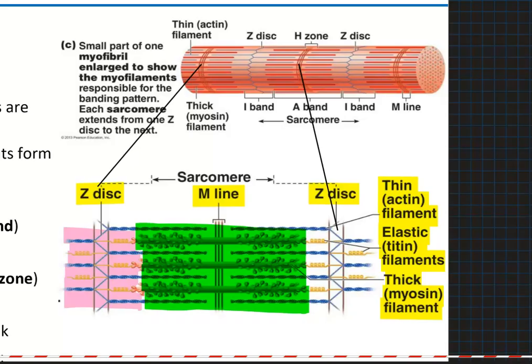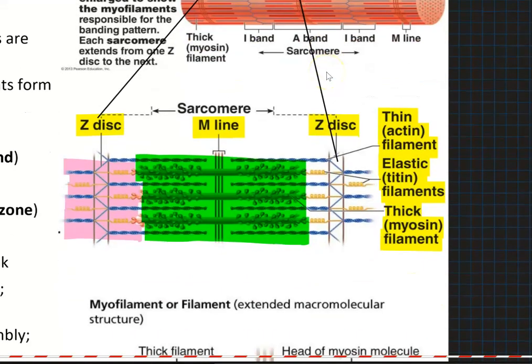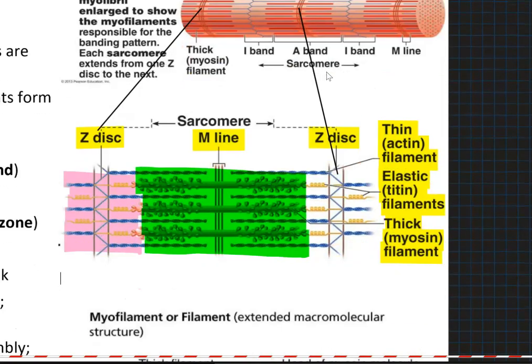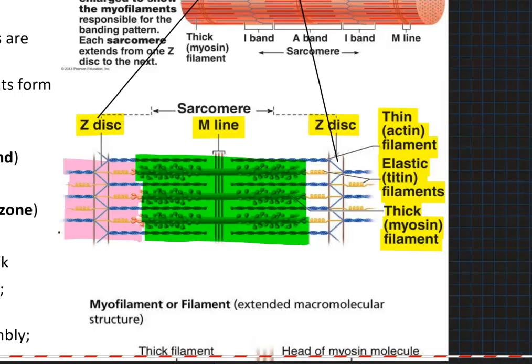Overlapping filaments appear under the microscope as a darker stripe, the so-called A band.